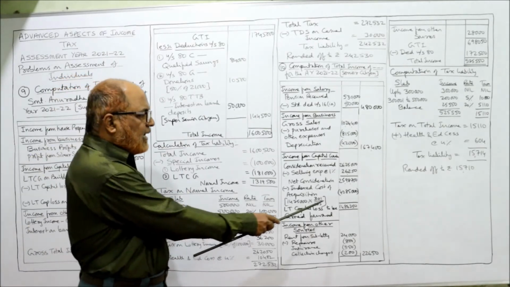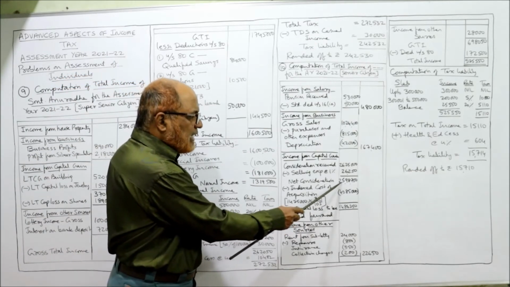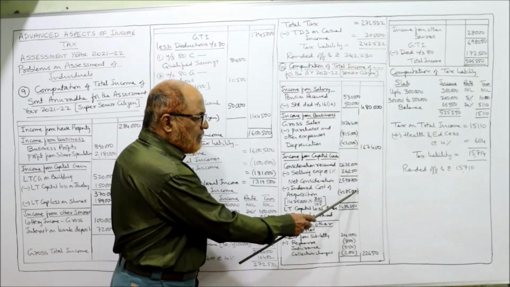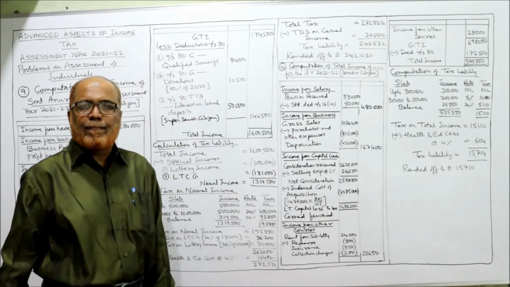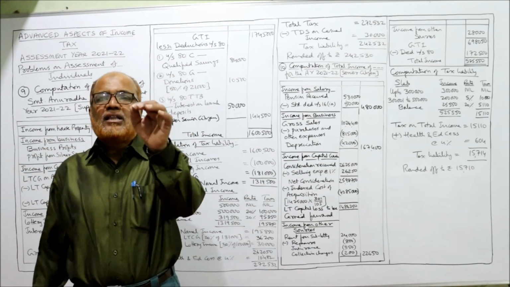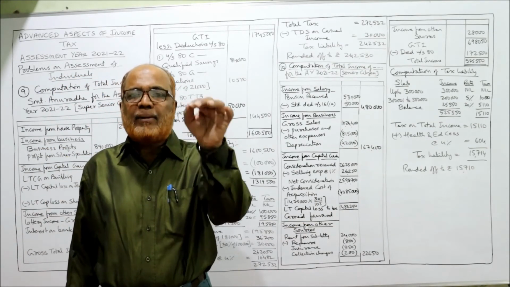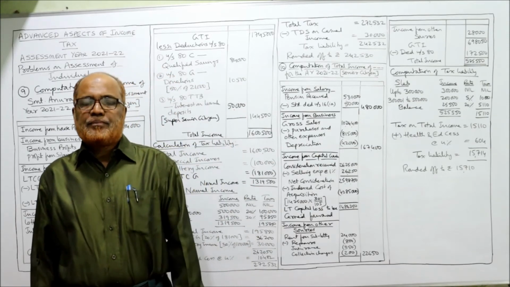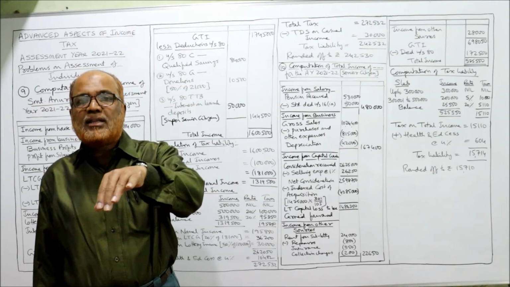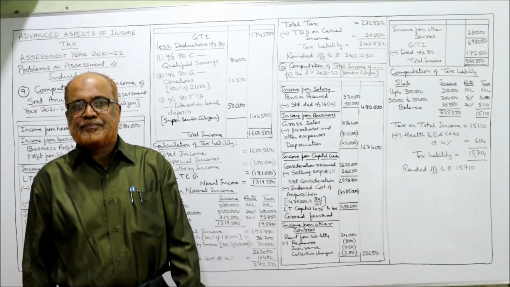Deduct 40,85,000. That means 25,98,750 minus 40,85,000, you are getting negative figure. Negative figure 14,86,250. This is a long-term capital loss, because indexed cost of acquisition is more than the net consideration.